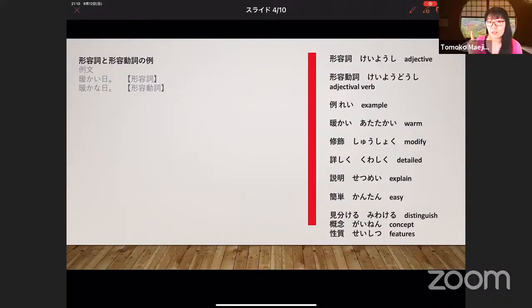One typical difference is that all the adjectives end with i, and adjectival verbs end with da. Adjectival verbs can also act like a verb. It's a bit of tricky stuff I'd like to address.